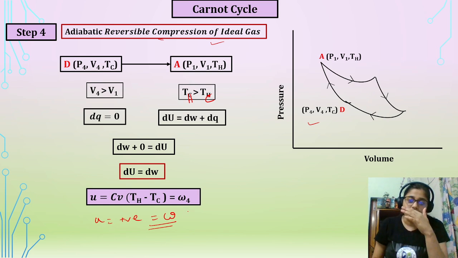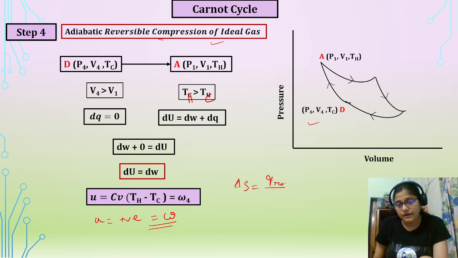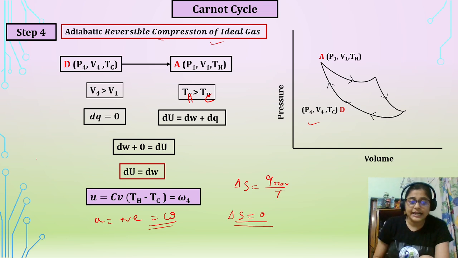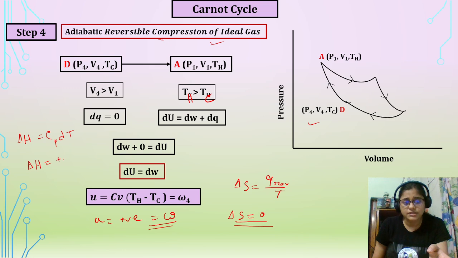What can we write again about the other parameters? Delta S is again Q reversible by T, but here, as it is an adiabatic process, dq will be 0, so delta S will also be 0. And what about delta H? Delta H is Cp dT, dT is positive, so delta H will also be positive.